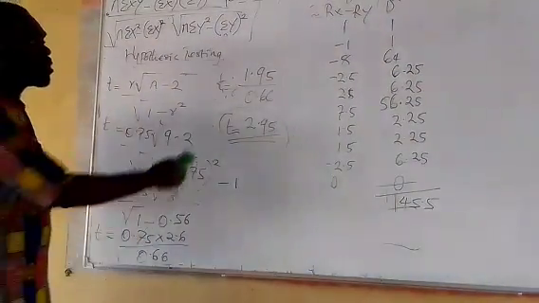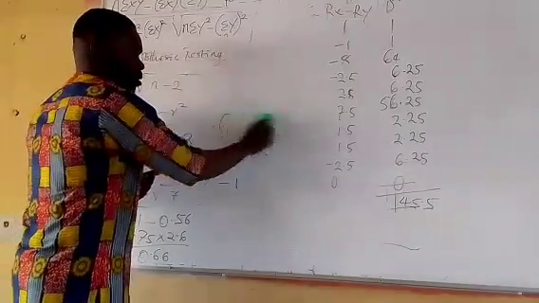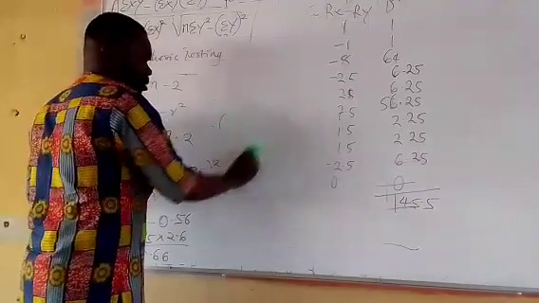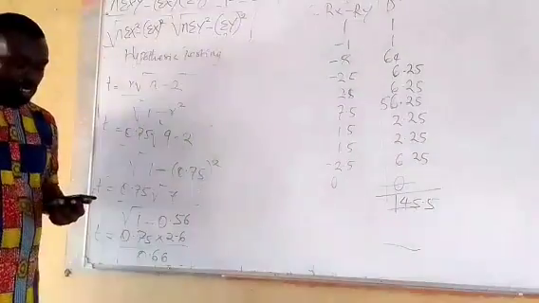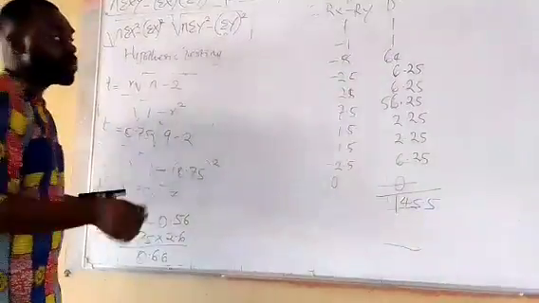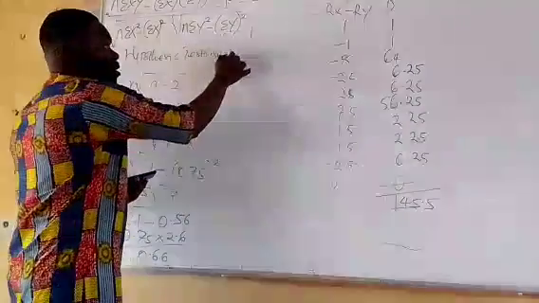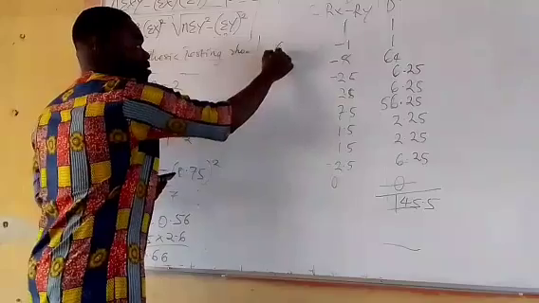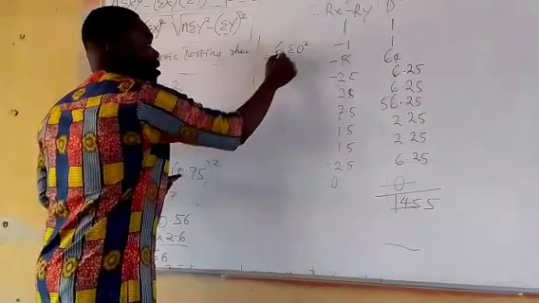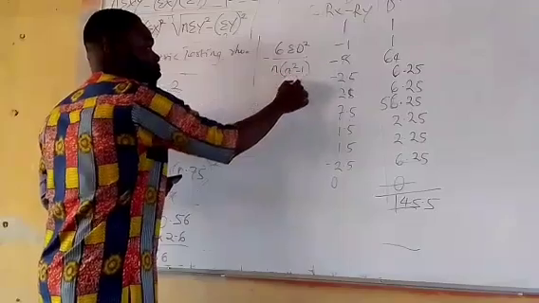Let me write it this way. So let's write the formula again for rho. Rho equals 1 minus 6 summation d square, all over n bracket open n square minus 1.